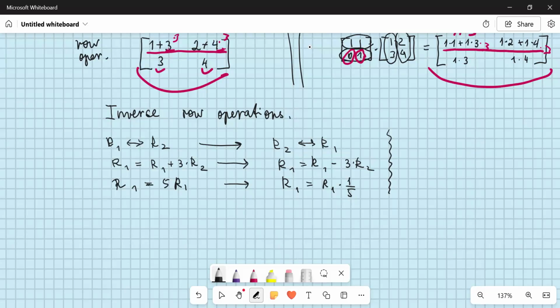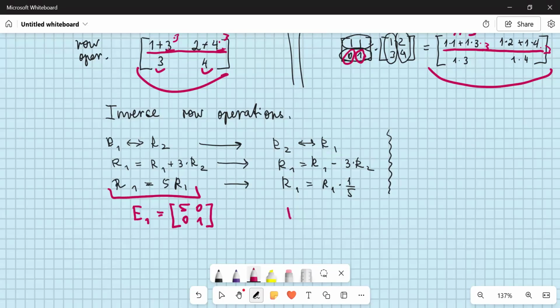So for example, I'm going to consider this last one. If you did this operation and the elementary matrix was looking like this, I'm going to label it as 5, 0, 0, 1. That was the elementary matrix, which is similar to this operation, multiplication of the first row by 5, right?